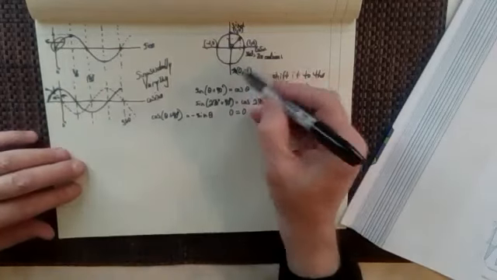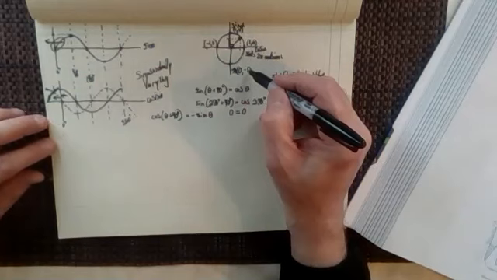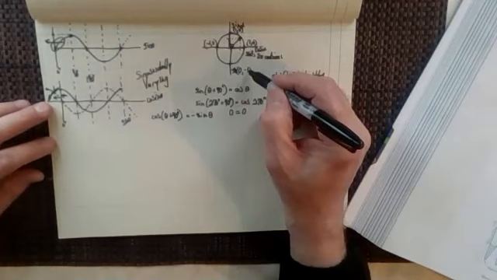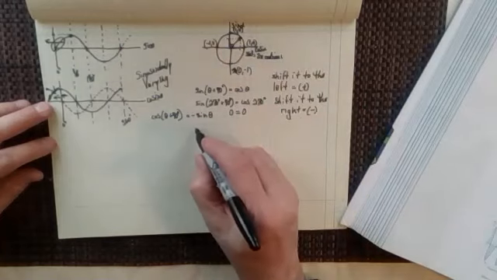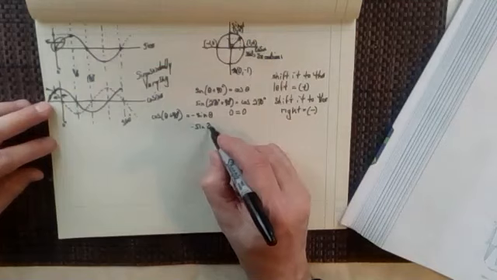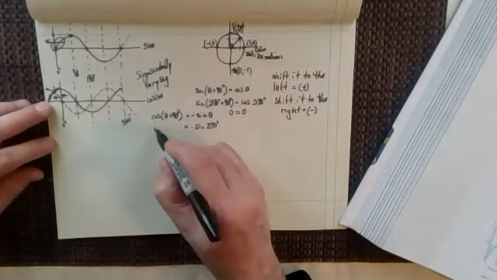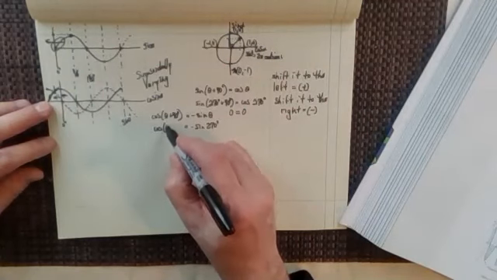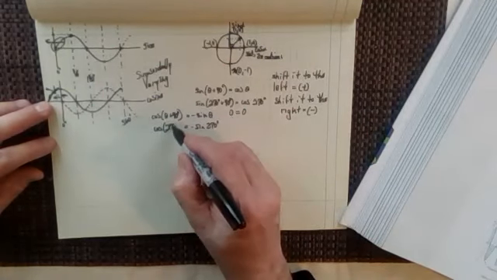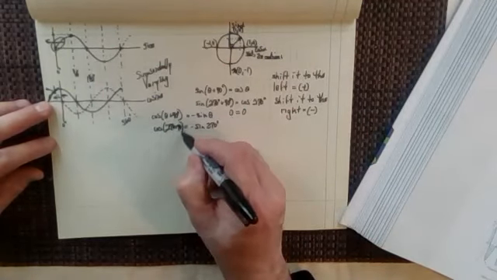So let's just look at this. Let's take a negative number. Let's say the sine of 270 degrees. So if I've got minus the sine of 270 degrees, that should equal the cosine of 270 degrees plus 90.